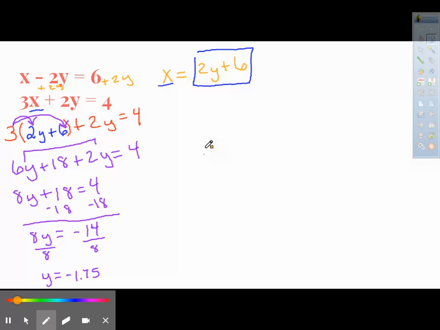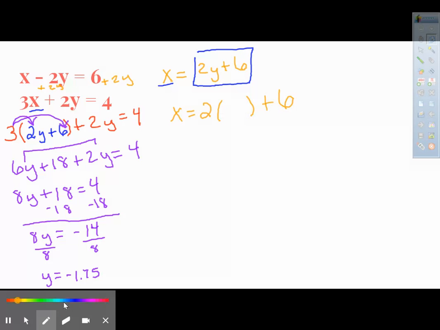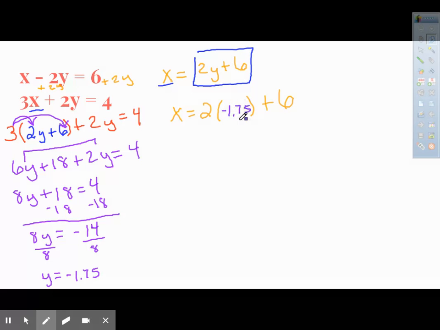Alright, so now we gotta find x. So I'm gonna plug it into this one here. So x equals 2 times y plus 6. And y is negative 1.75. Is that negative 3.5? Yes.